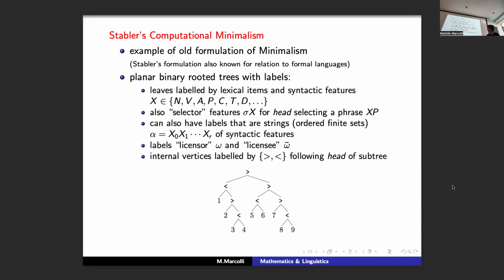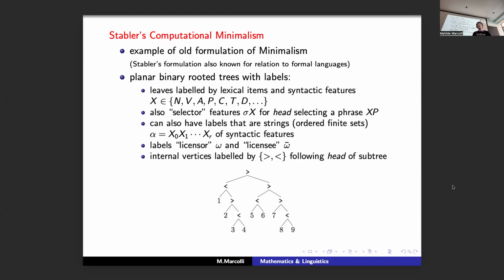And as I said, there are these other labels that tell you when something is calling for being connected to something with another feature, which are the theta roles part of the structure. These are selector features that tell you that something has to combine with a structure of a certain type. And there are also licensor and licensee features, which tell you when something can be moved somewhere else.